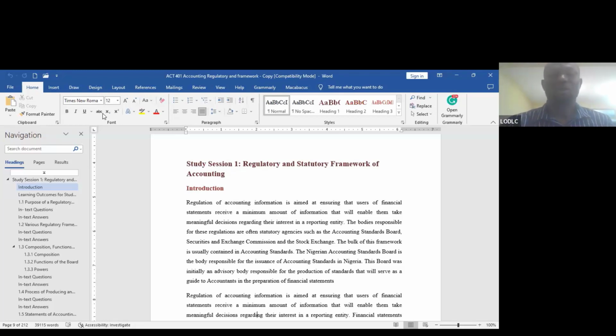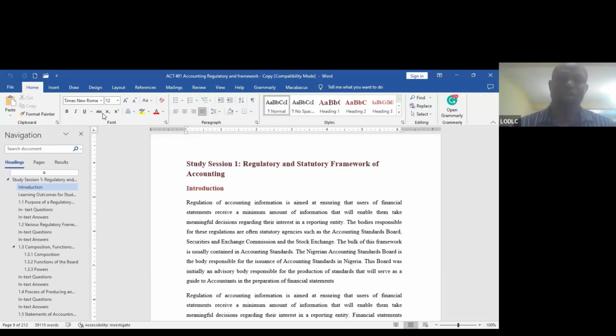So when you're talking about regulatory framework, or what we can call regulatory and statutory framework of accounting, there should be a reason why we want to delve into this particular topic.